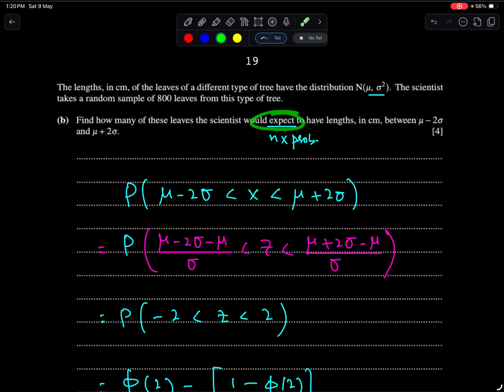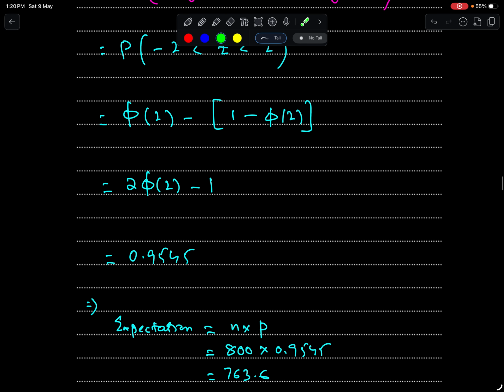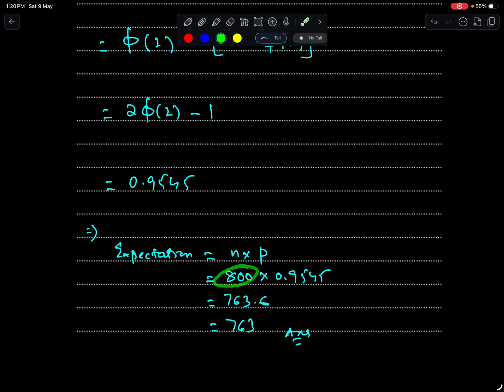Expected means n times probability, and between mu minus 2 sigma and mu plus 2 sigma. This is here. Now convert this statement into z. Mu cancels, sigma cancels, so we have this number, and we have done this rule earlier in this lecture. This is phi 2 and this is 1 minus phi 2. That's the answer of the probability. Now multiply this with n, which is 800.